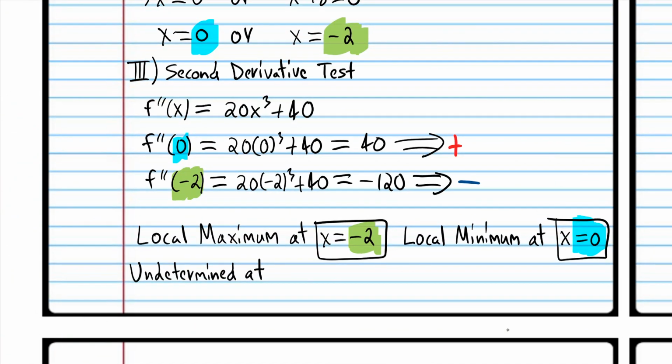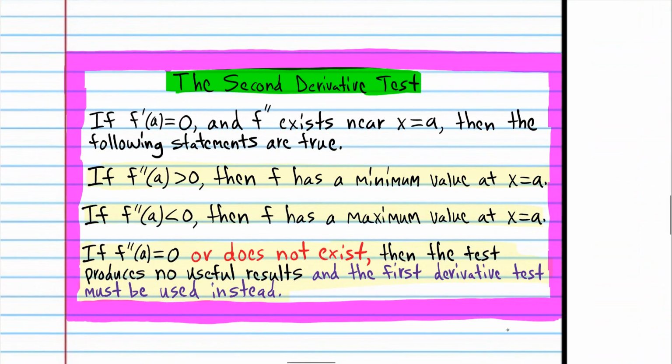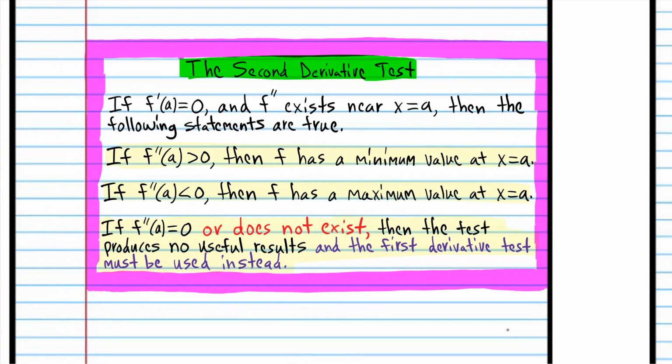Now, it's important to understand that f double prime has to exist near the critical number. If it doesn't exist, then the test doesn't really do anything. Also, if the double derivative is 0 at the critical number, the test produces no useful results.